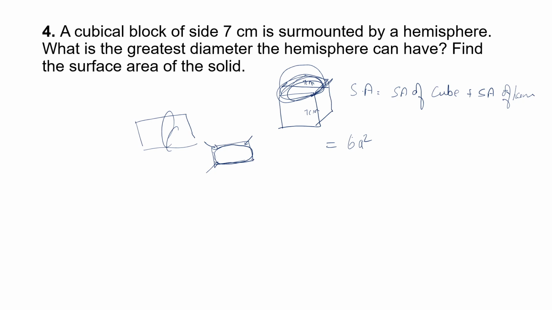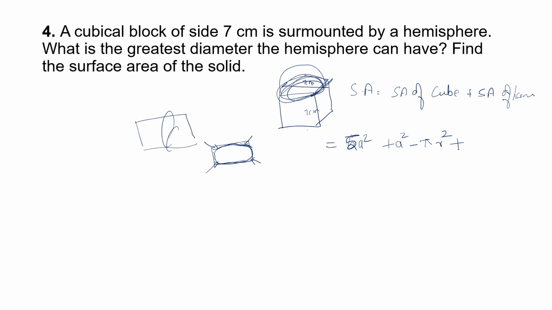How will you find this area? If I am taking 5a square for all other 5 sides, the top side, the whole area is not there, this area should be removed. So the top area will be a square minus, this area is what? Circle. So a square minus pi r square. Okay, that is the top area.